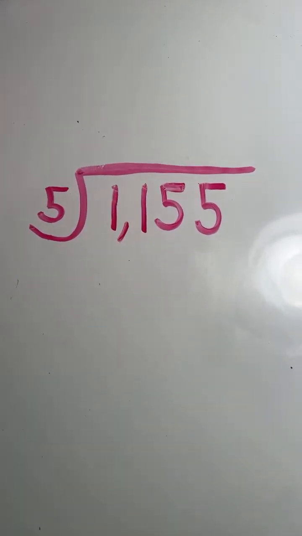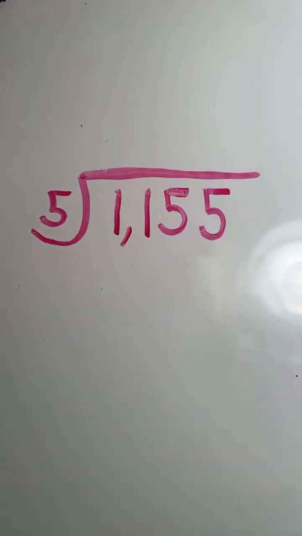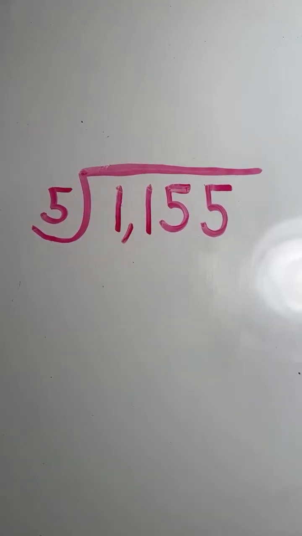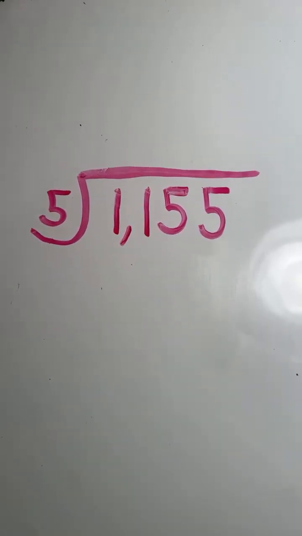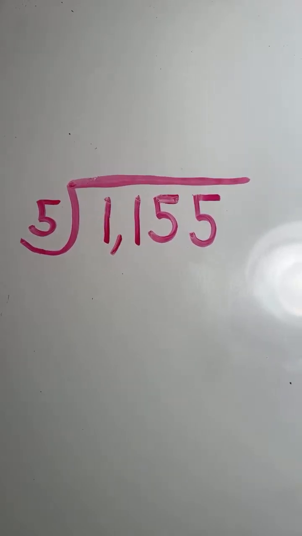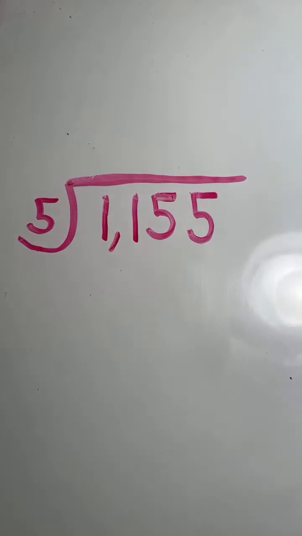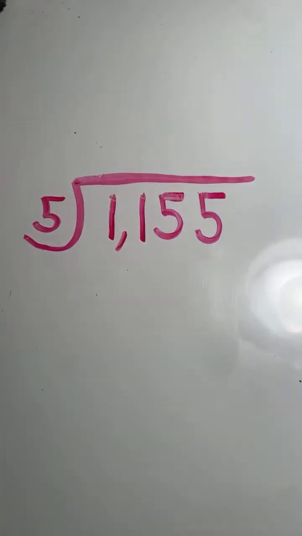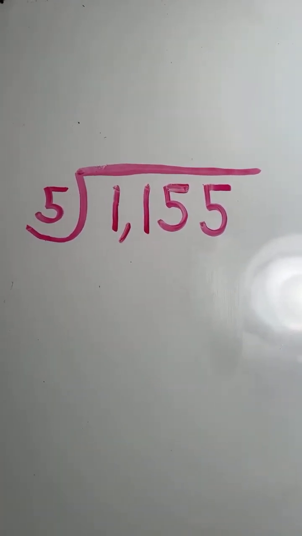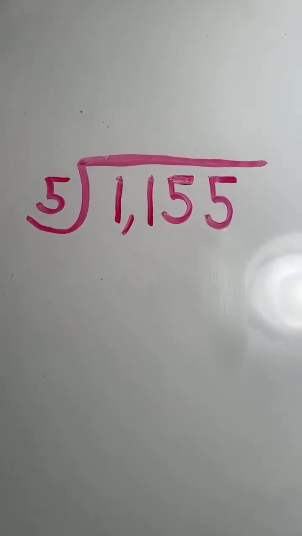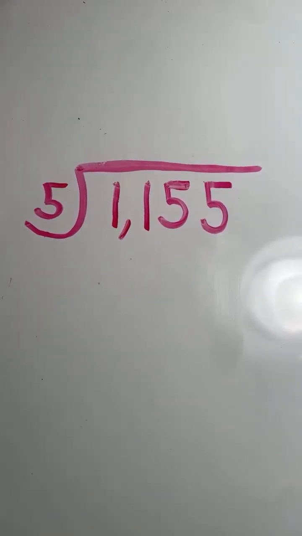Now for the first problem, if you don't know how to do the division in your head, I'm going to show you some strategies for how to figure that out if you're not able to do it immediately in your head. So for this first problem, I'm actually going to use arrays. So 11 divided by 5, we've got to figure out how many groups of 5 go into 11.